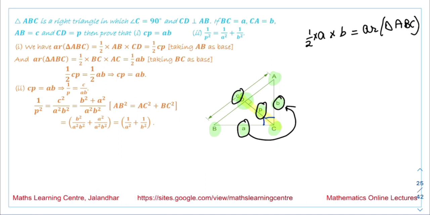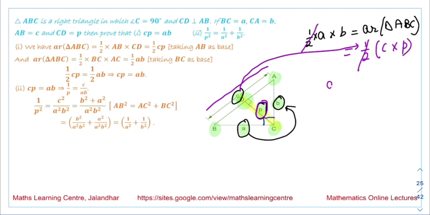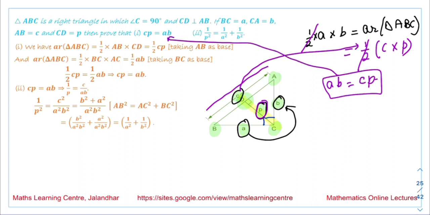If we take AB as the base and CD as the perpendicular, then the area of the triangle is half, base is c and height is p. So the half gets cancelled and we get ab equal to cp, and this is the first part that we have.